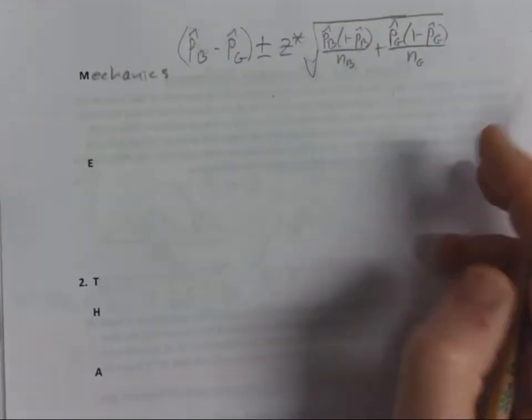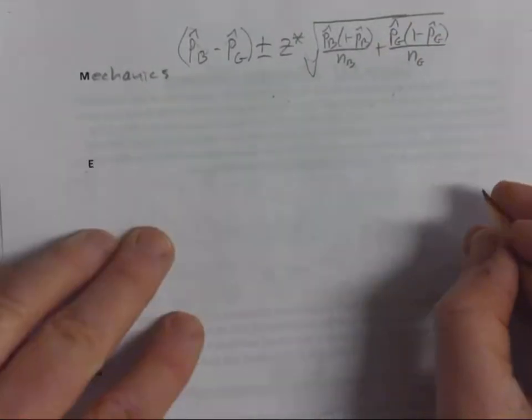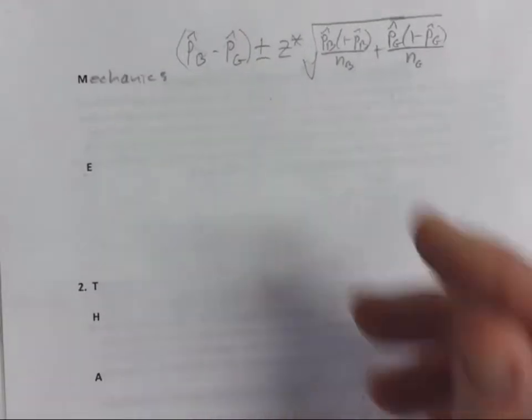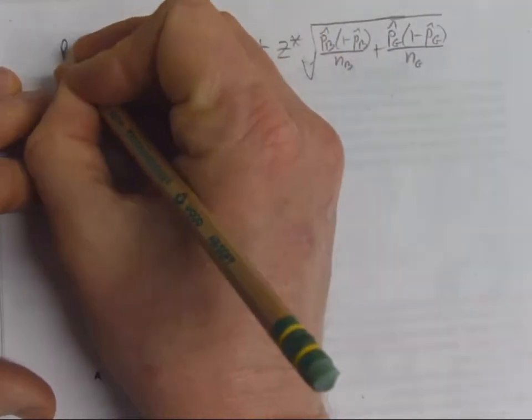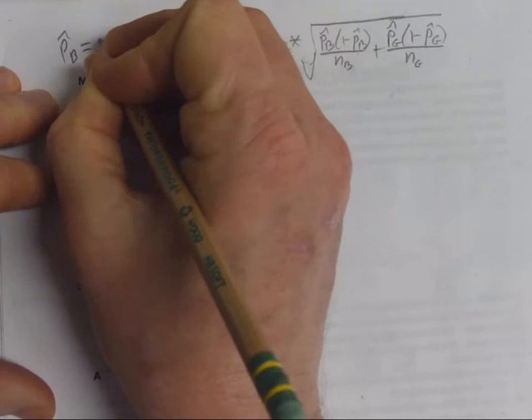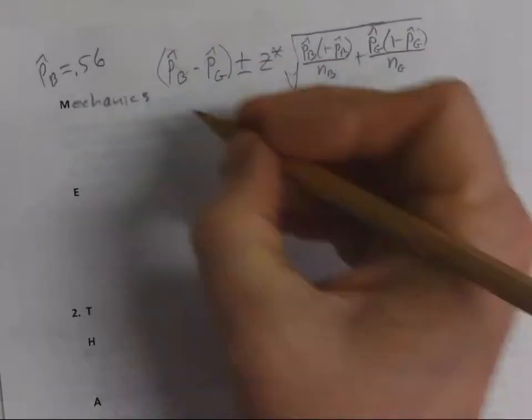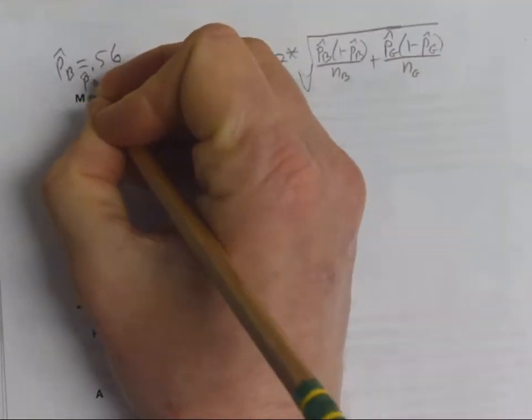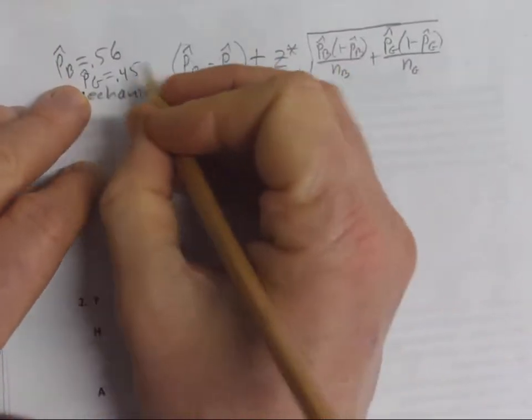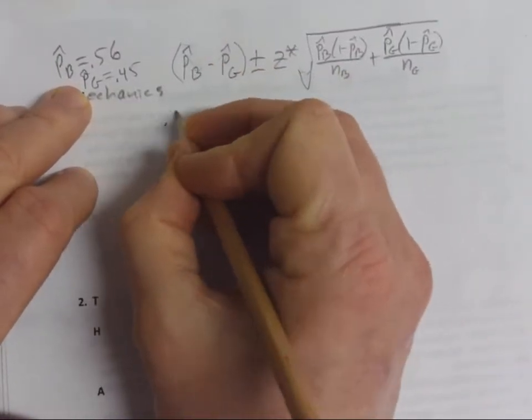That's not good. So anyway, remember our p hat sub boys is 0.56, and our p hat sub girls is equal to 0.45. So we'll enter all this in, and this minus that is 0.11.